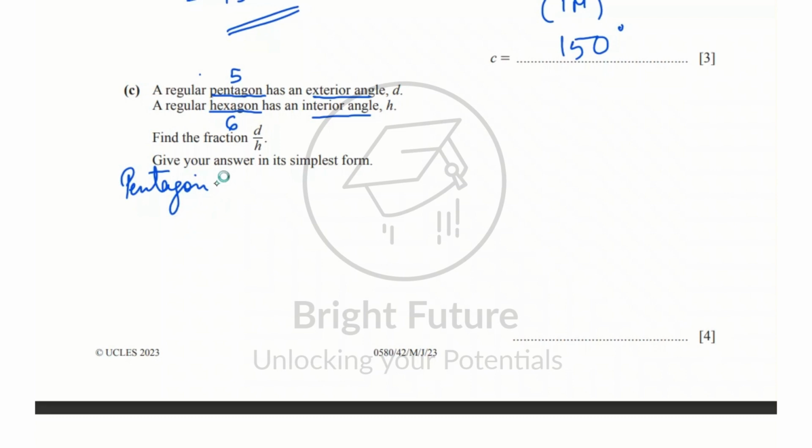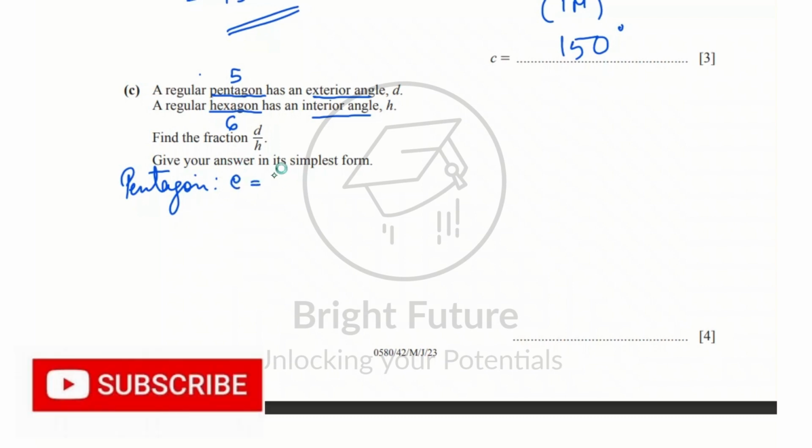For the pentagon, the exterior angle is equal to 360 upon 5, that is 72 degrees.